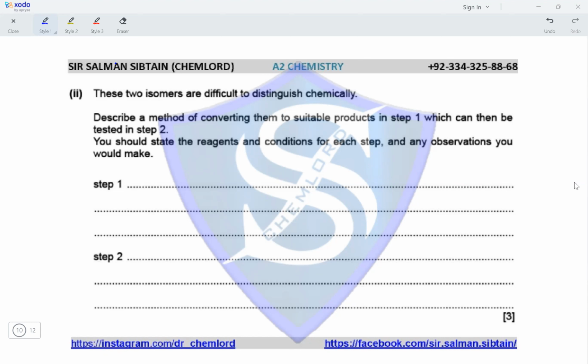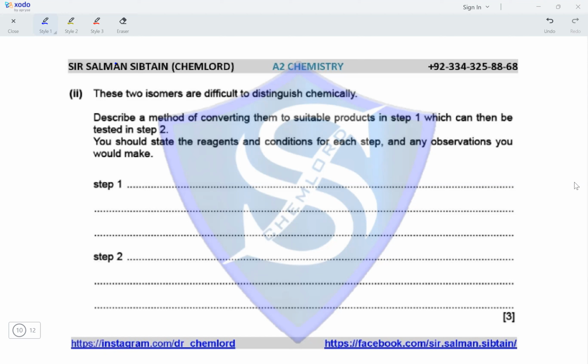So phenol can be tested by adding aqueous bromine, which would decolorize the aqueous bromine from brown to colorless. And when bromine substitutes onto phenol, we end up with a white precipitate. So the overall observation would be that the brown color decolorizes and a white precipitate forms.